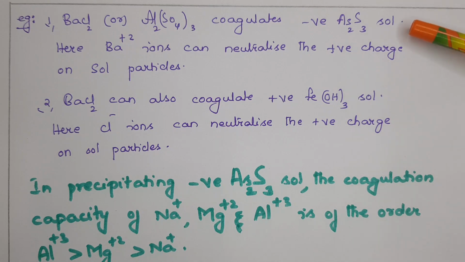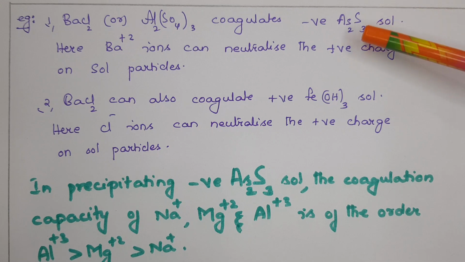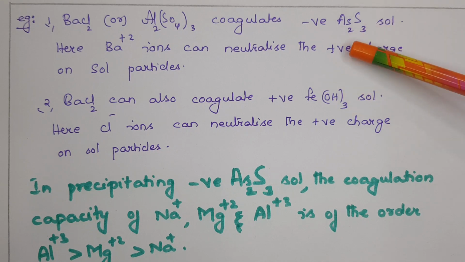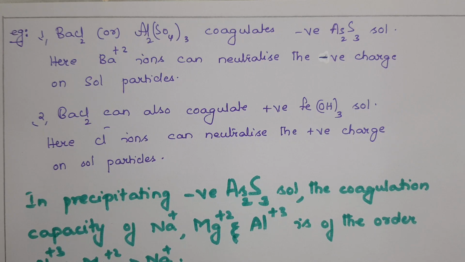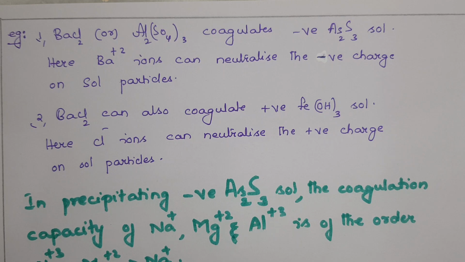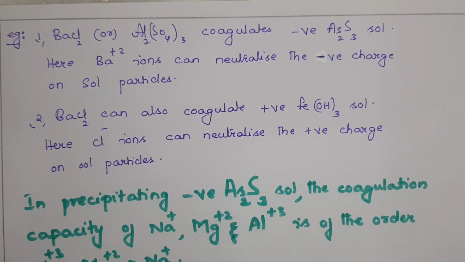So this As2S3 sol is negative. When you are adding BaCl2 or Al2(SO4)3, they are able to coagulate this negative sol. So Ba2+ ions neutralize the negative charge on the sol particles.